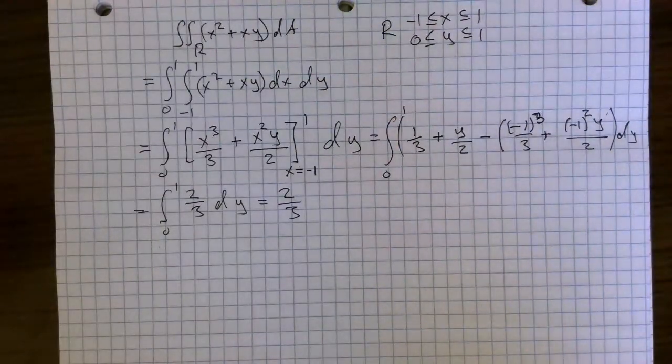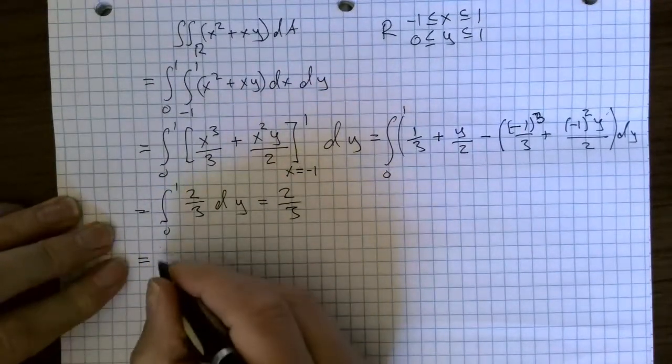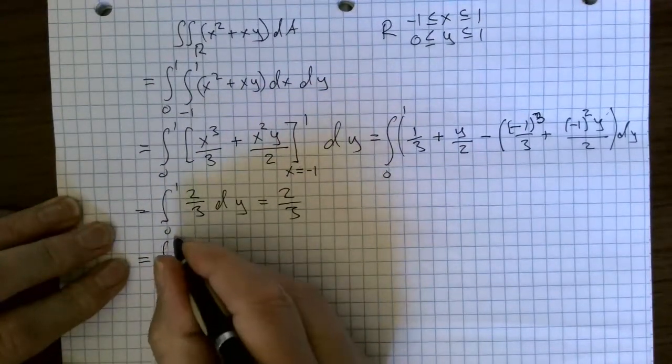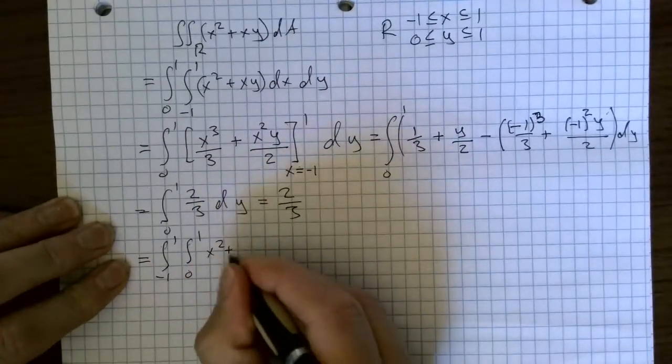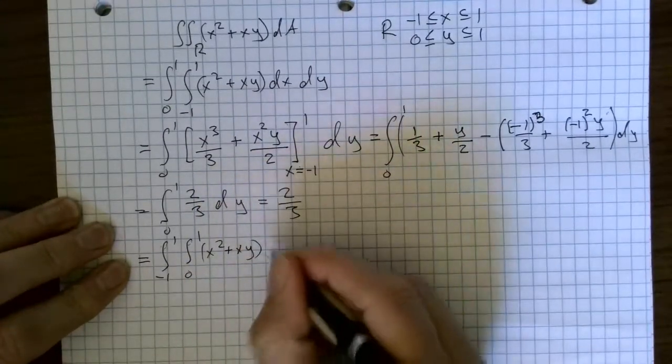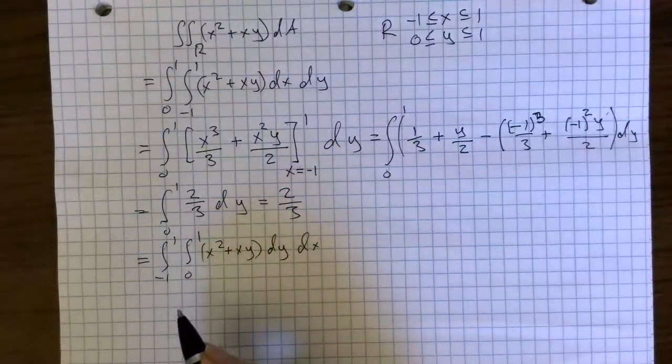Now we could do it the other way around. We could have written it as the integral from -1 to 1, and the integral from 0 to 1, of x squared plus xy dy dx. So we're doing the y first.